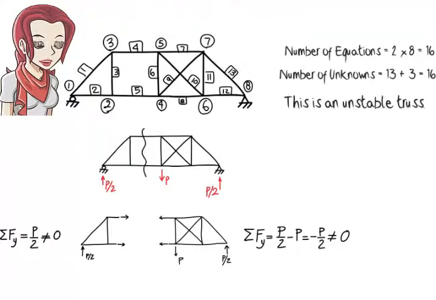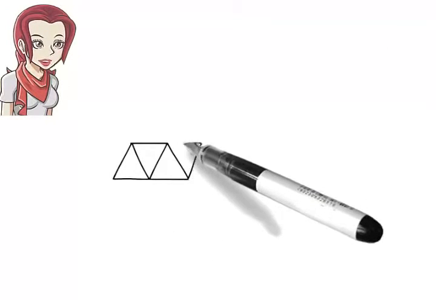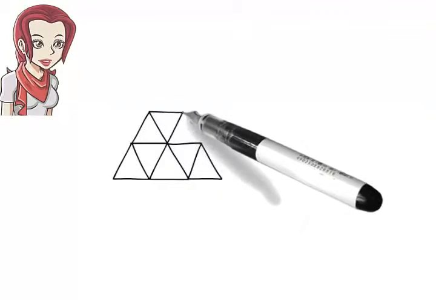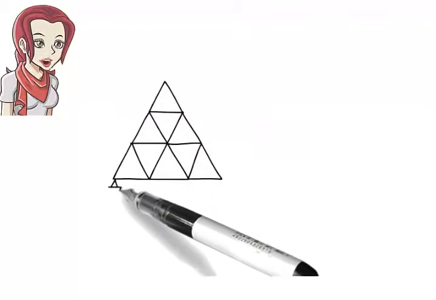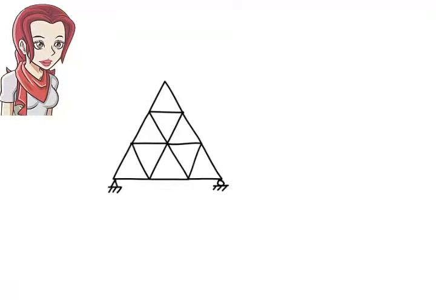As you can see here, determining the internal stability of trusses may not be a simple task. It may involve careful inspection of the geometry of the structure. Generally speaking, if the geometry of a truss consists entirely of simple triangles like this, then the structure is considered stable.